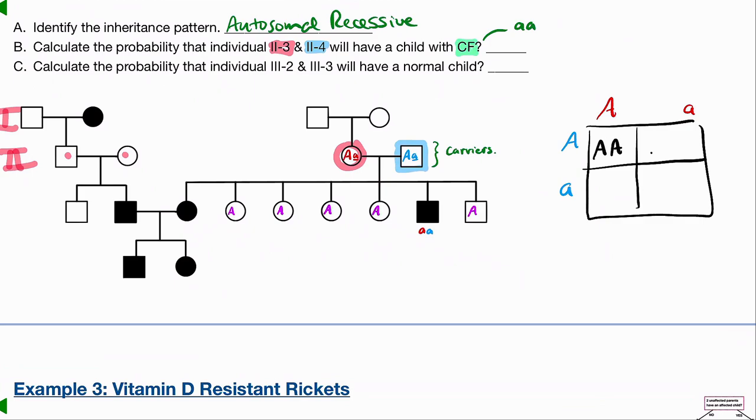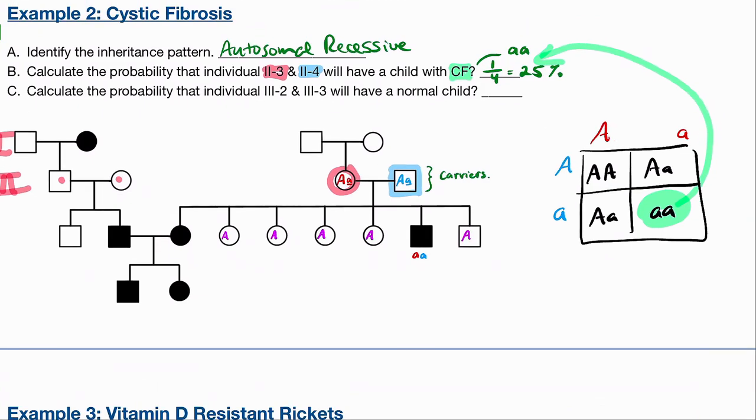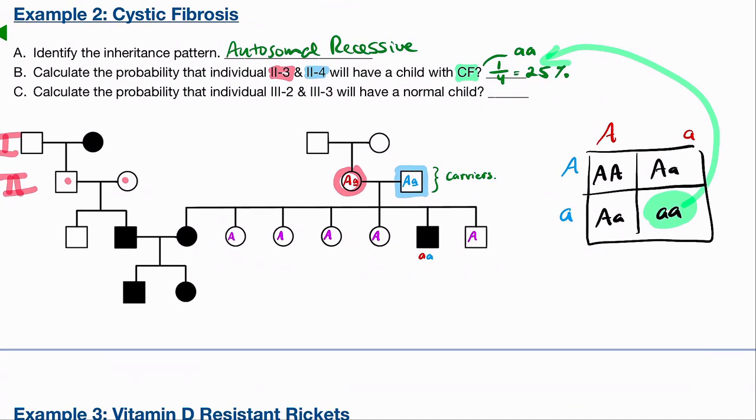Big A can go together, big A, little a, or a little a. So it looks like only this one here, so that's 1 out of 4. That's 1 out of 4, or you could say 25%. Both of those work. Okay. So now what?